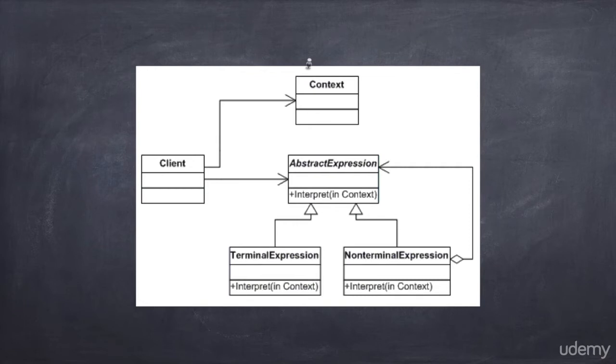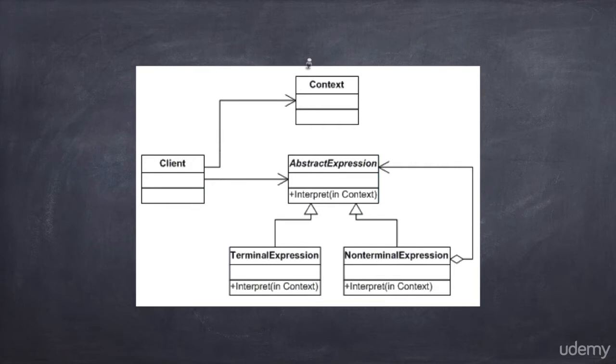There are 2 kinds of expressions. A terminal expression is an expression that does not refer to any other expression. For example, in mathematical expressions, a number is a terminal expression. It's an independent symbol that does not relate to or operate on other parts of the expression.